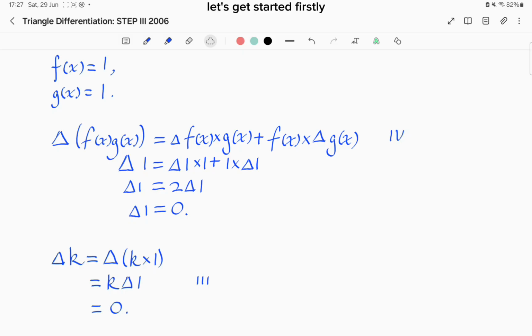Let's get started. Firstly, we'll set f of x equal to g of x equal to 1. Now, the triangle of f of x g of x is equal to the triangle of f of x times g of x plus f of x times the triangle of g of x by rule 4. We therefore have the triangle of 1 equals the triangle of 1 times 1 plus 1 times the triangle of 1.